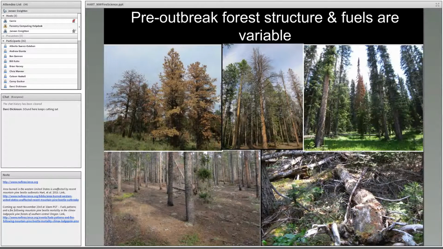And I would argue that there's a number of factors that drive this pattern. First, pre-outbreak forest structure and fuels are highly variable, and it's difficult to control for that in our retrospective studies. And secondarily, most stand level fire behavior models make the assumption that all of the fuels are homogeneous, whereas we know that this might not actually be the case.